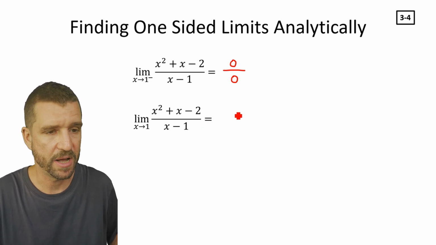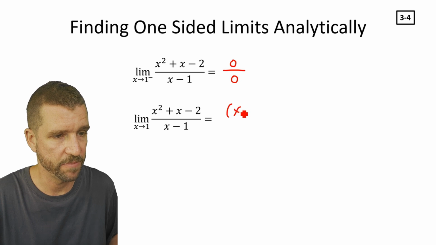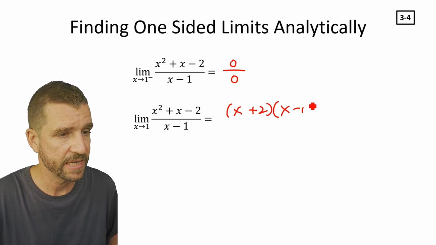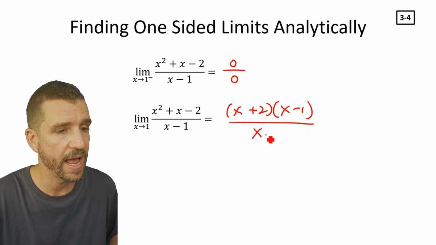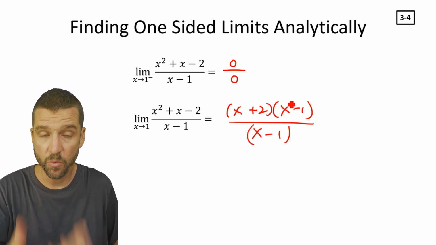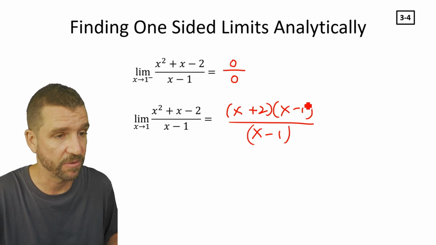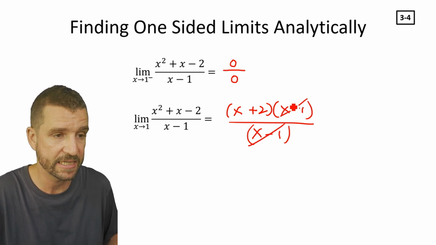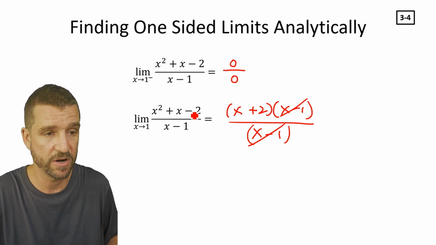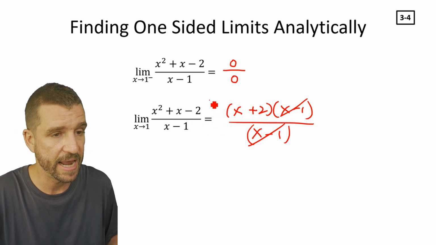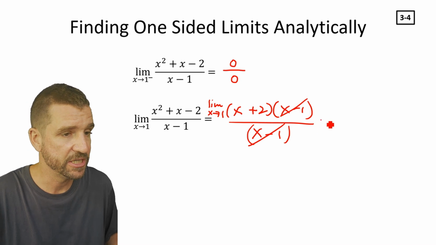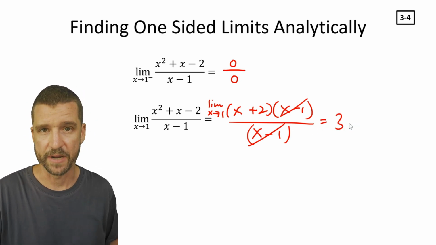All right, so I hope you paused the video. When we factor this, we get x plus 2 times x minus 1 over x minus 1. Remember that when we can factor out, we remove this discontinuity at x equals 1, and the limit as x approaches 1 of all this equals the limit as x approaches 1 of x plus 2, which is simply 3.